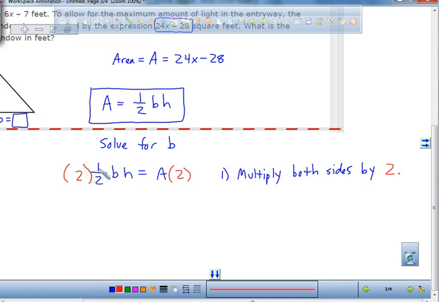What's half of 2? 1. So these cancel out, and you're left with b times h equals, what is 2 times A? 2A. So put a 2 and a capital A. So the base times the height equals twice the area. Okay?